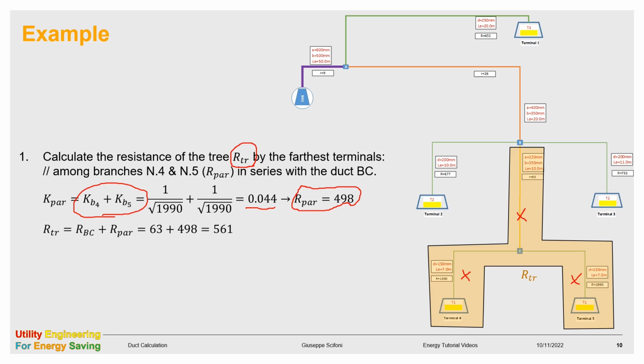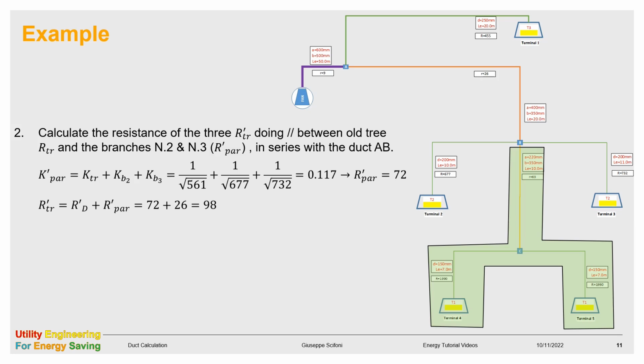The resistance of the sequence between the parallel and the duct is the sum of the resistances that turns into 561.